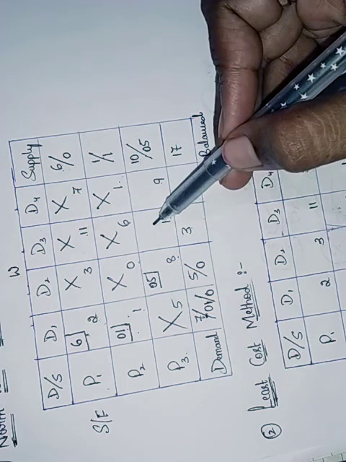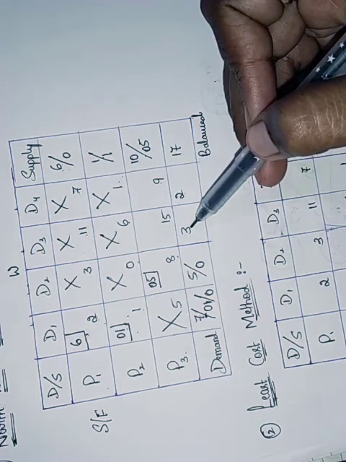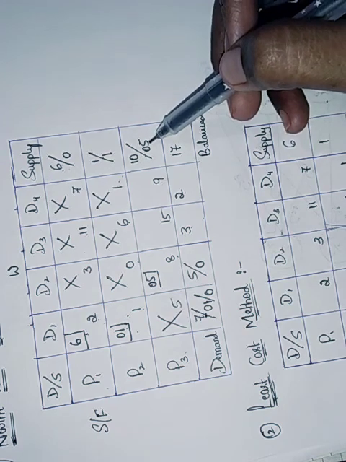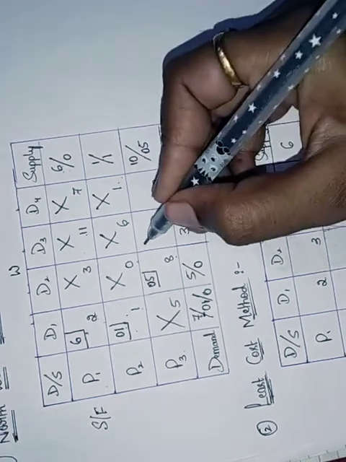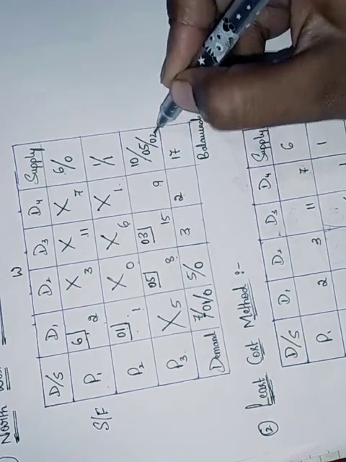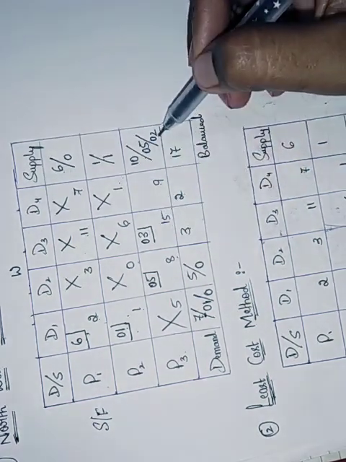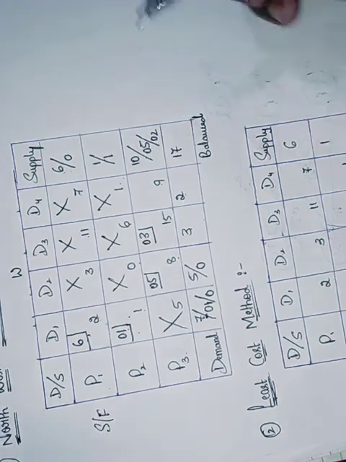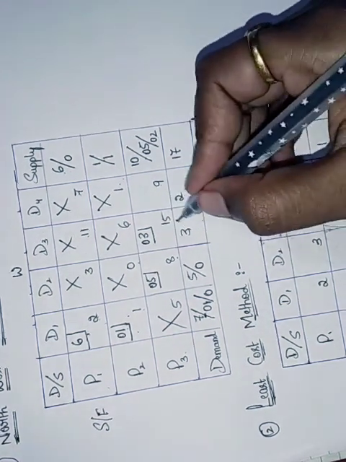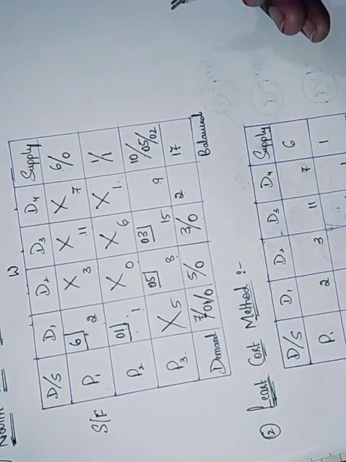Moving on to the next cell, demand is 3 units and supply is 5 units. Among the 5 units I can easily allocate 3 units. How many units will be remaining? Only 2 units. From the demand of 3 units I have allocated all, so demand reduces to 0.